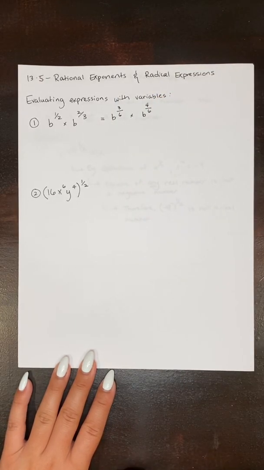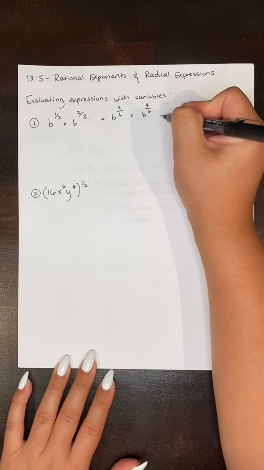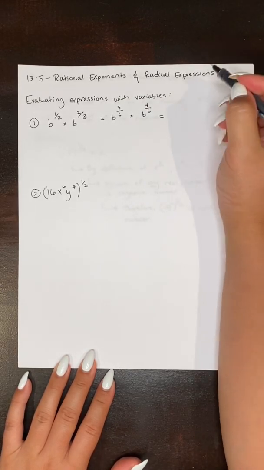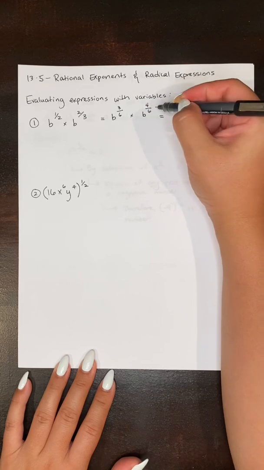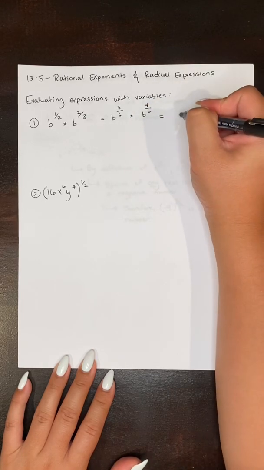Now we can rewrite both expressions as such. By applying the addition rule of exponents, since our bases are the same, we can add both exponents together. 3/6 plus 4/6 gets us 7/6.